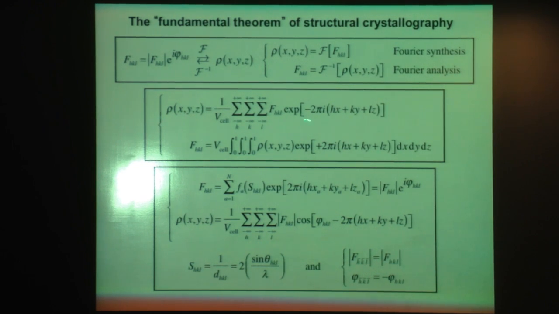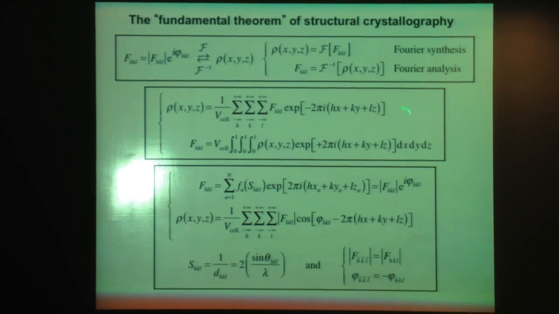So the scheme is multiply by this complex exponential, the so-called kernel of the Fourier transformation. Right? There are going to be a whole series of these terms with different HKL, so in principle infinitely many terms.